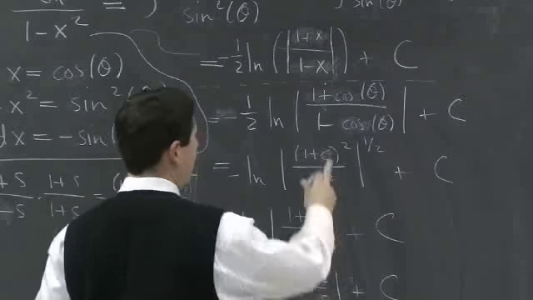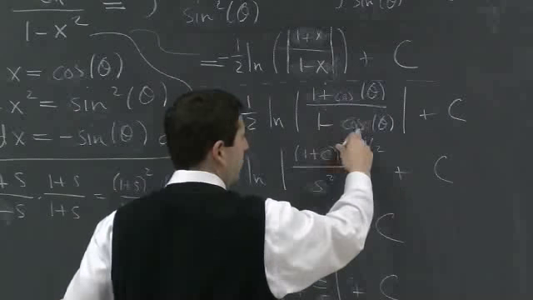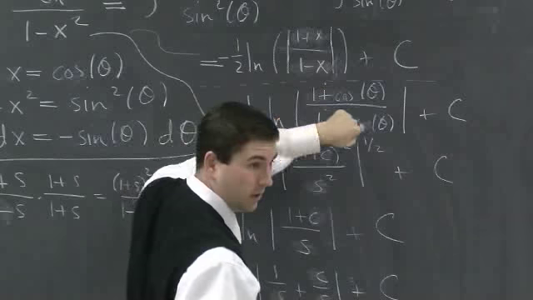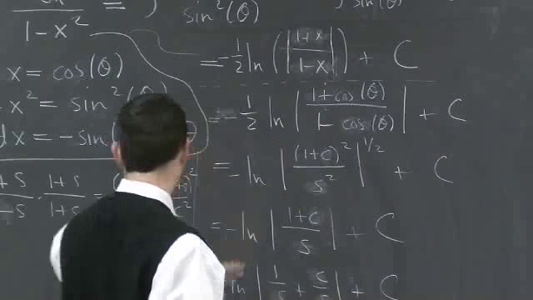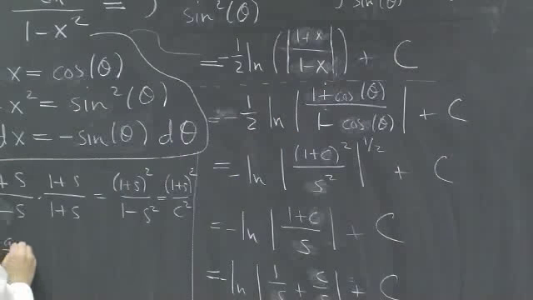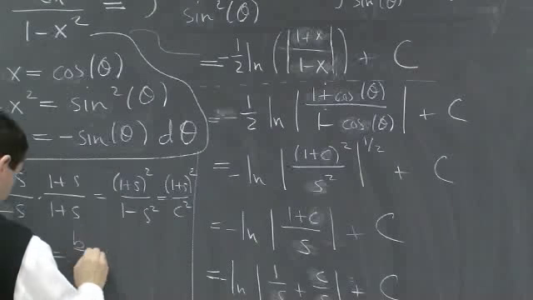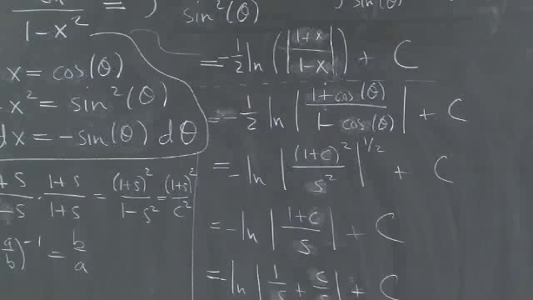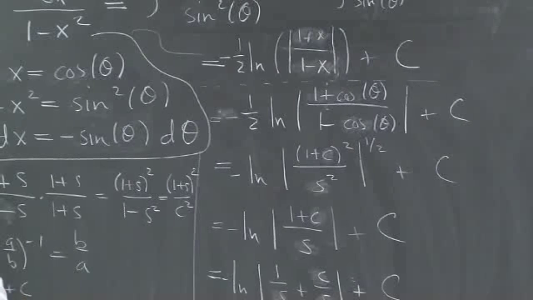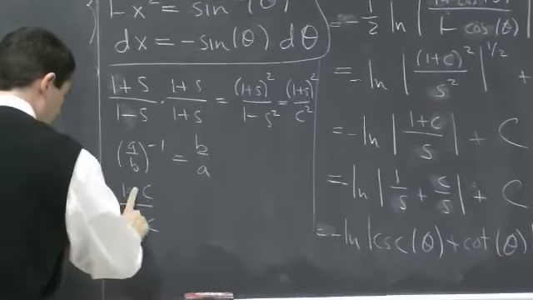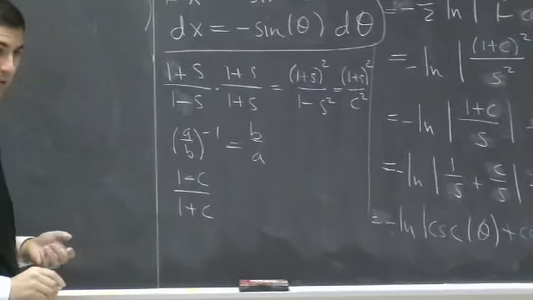So instead of having 1 plus cosine over 1 minus cosine, you're going to have 1 minus cosine over 1 plus cosine. Whenever you take something like a over b and raise it to the minus 1, this is the same as b over a. So you get 1 minus cosine over 1 plus cosine.